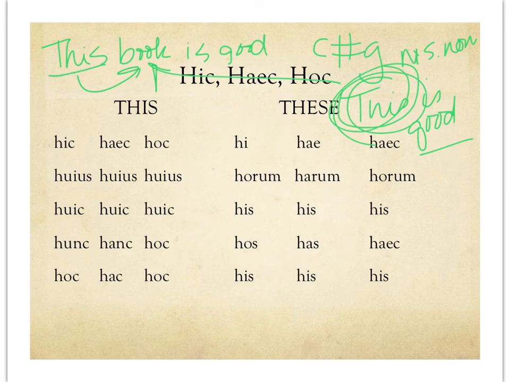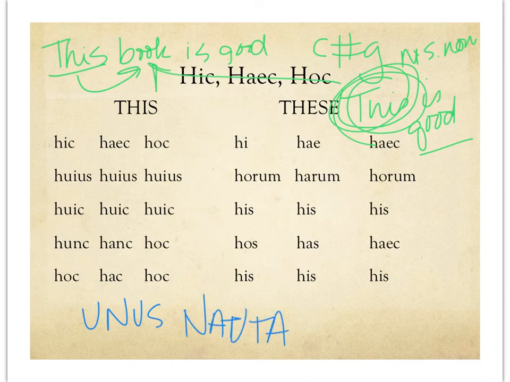The thing that is tricky about pronouns in Latin is that they tend to follow the unus nauta model more than they follow the regular first-second declension model that you know for adjectives like bonus, bona, bonum. So if you see here, we have a nominative that is very strange.